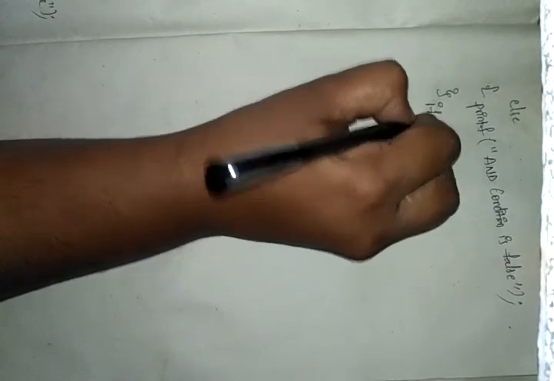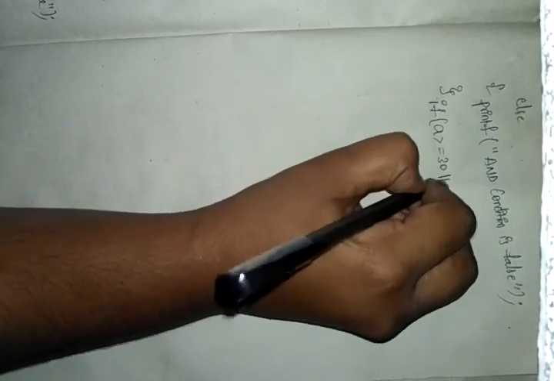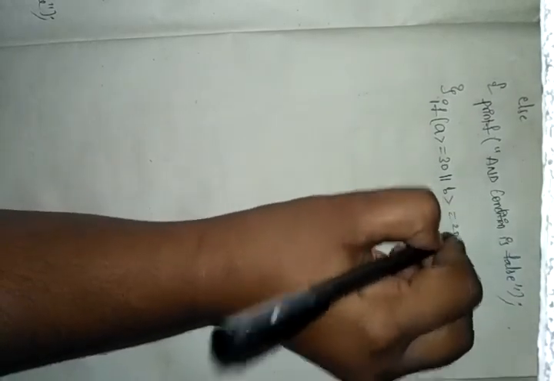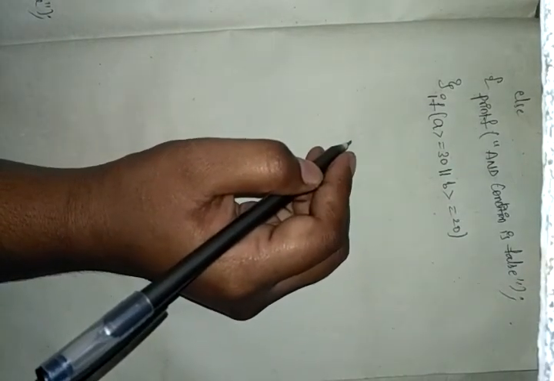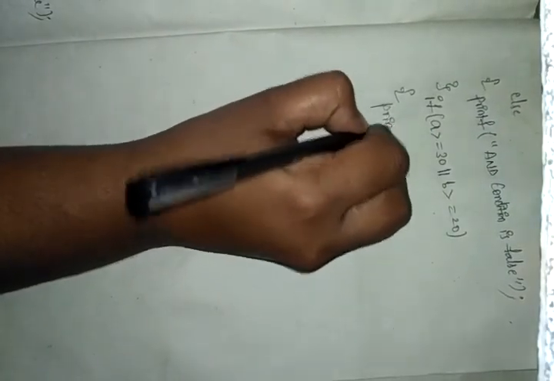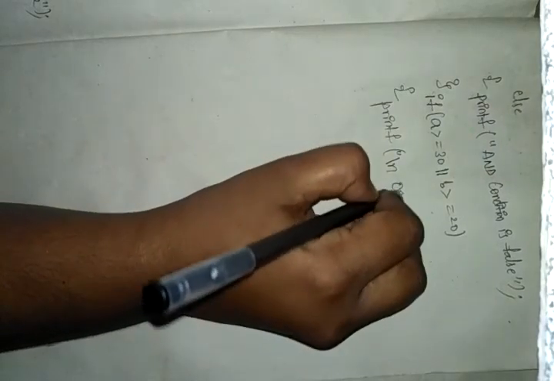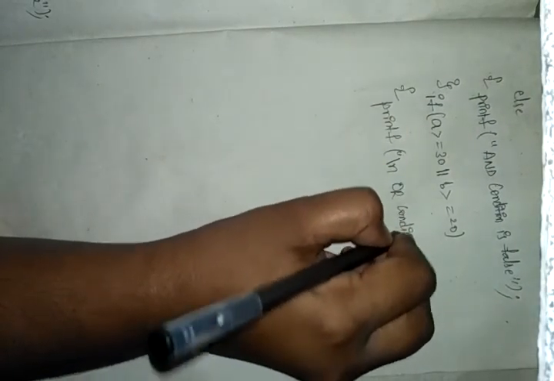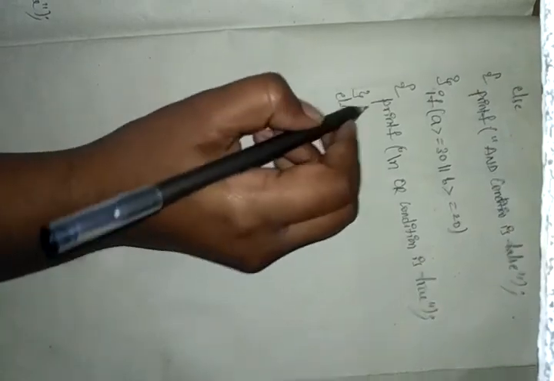Next statement, or if a greater than equals to 30 or b greater than or equals to 20. Either the a value is true or else the b value is true, you can display true only. Right? And open printf slash n, or condition is true, or else here if it is not true, you can display the false.